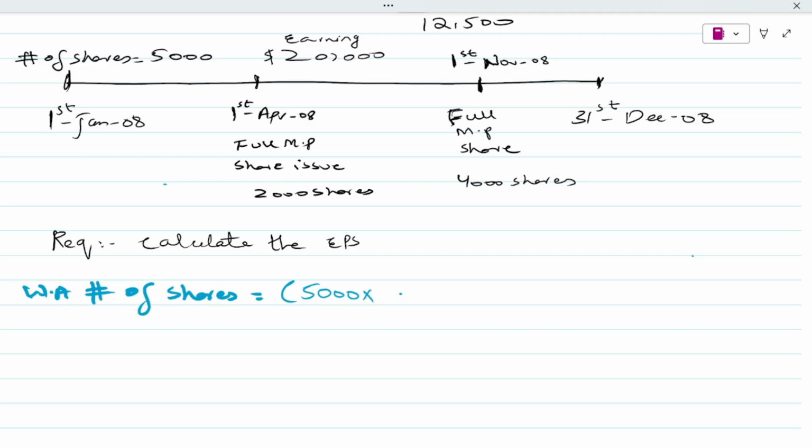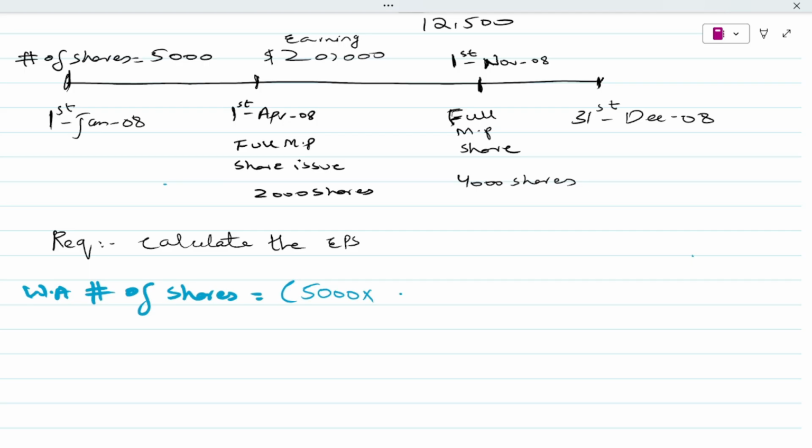And then on 1st April, we are issuing more shares. So 5,000 is only from 1st Jan to 1st April. Let's count together how many months these are. From 1st Jan to 1st April, that's Jan, Feb, March, 3 months, right? Remember that we are not going to count the month of April, because it's 1st April, which means April has just started.